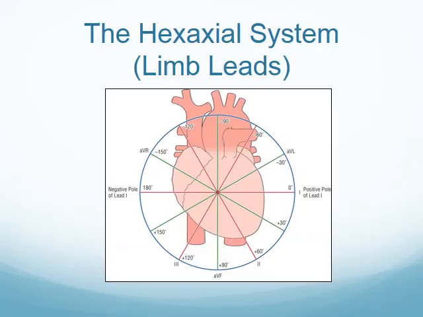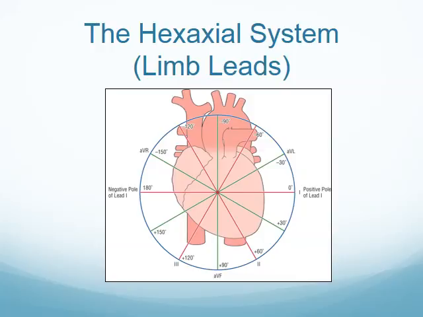This is an example of the hexaaxial system for our limb leads. We'll talk about axis in greater detail later. Just know that we have 4 quadrants that are based on the electrical stimulus of the heart and what direction the electricity is traveling.